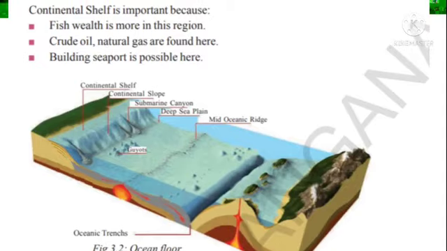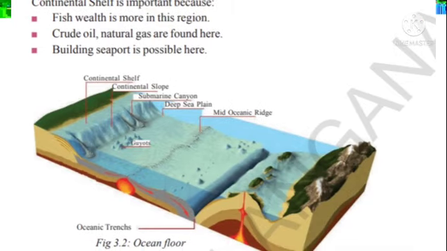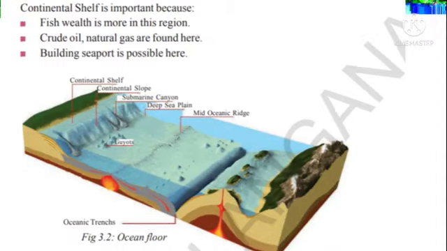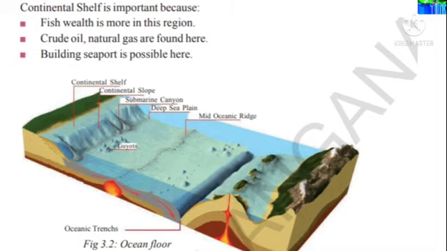Continental shelf. The continental shelf with a depth up to 200 meters occupies about 7.6% of the ocean area. It is the border zone between land and sea.